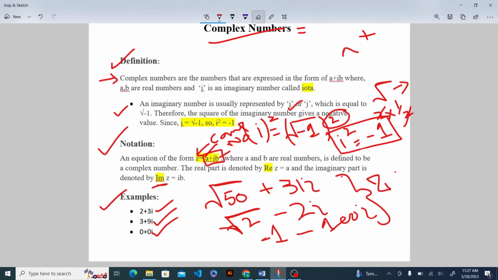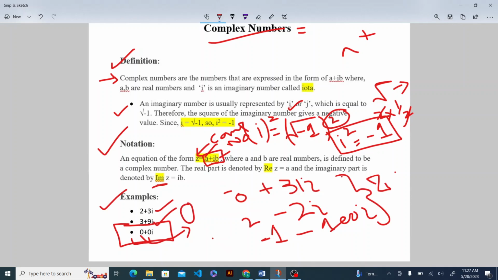Some of you may think, how can this last example be called a complex number? So dear students, as we all know, 0 is a real number. So this is the real part of this complex number, and 0 iota, any real number, such as 0, can come with the iota sign.